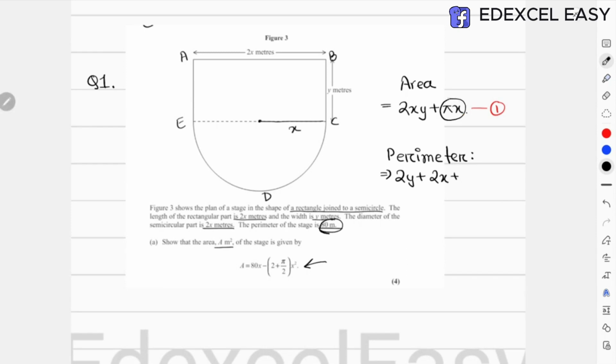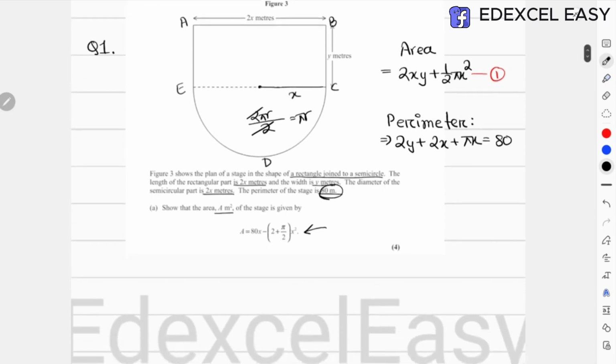We were trying to find the area over here, right? Sorry, I forgot. For the area it's going to be half pi r squared, so in this case we get half pi x squared. For the circumference, the total circumference of a circle is 2 pi r. For half of that we divide by 2, which cancels out, and you just get pi r, which means now you can write 2y plus 2x plus pi x equals 80, because we already know the perimeter was equal to 80.